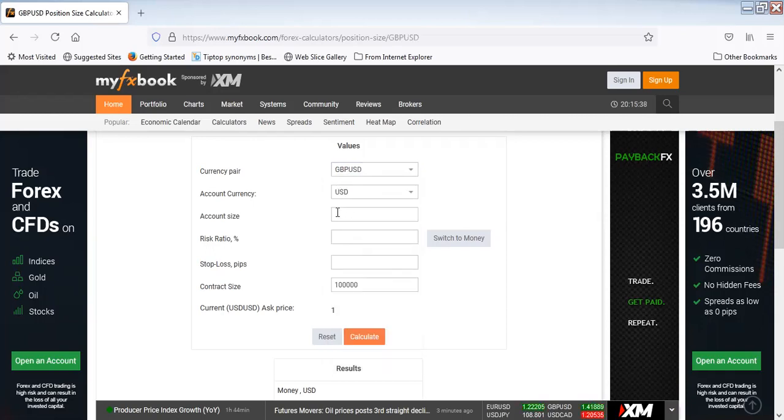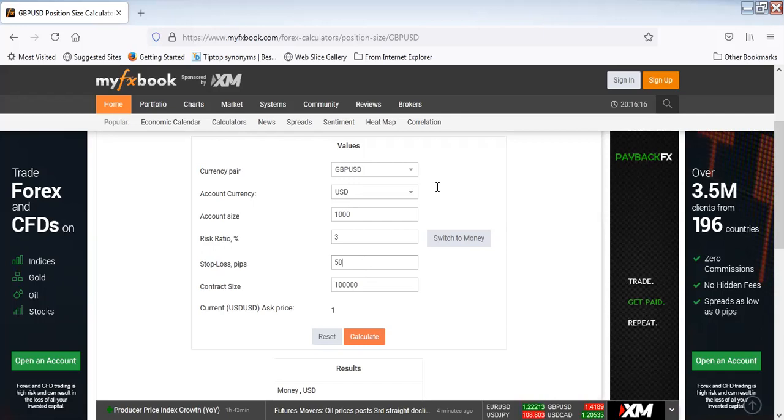Once she gets to GBP USD, she will type the account currency, and later go on to account size. Let's say what she's putting into her account is $1,000. The risk percent, let's say she wants to risk 3% out of $1,000. What stop loss is she looking at? She's putting 50 pips.